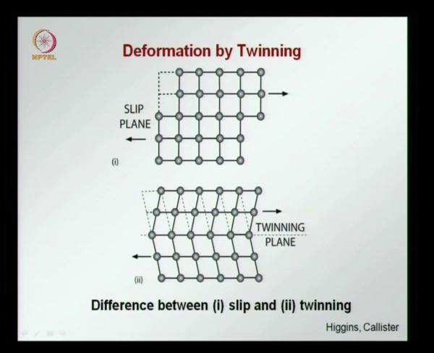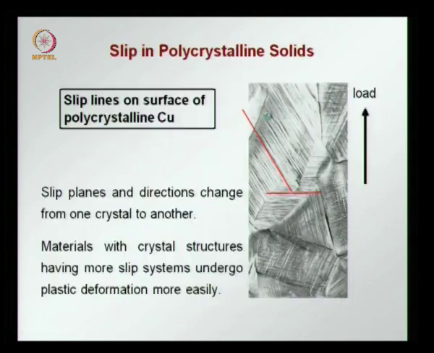Twinning on the other hand requires a lot of deformation to occur, like you see in the bottom diagram. So this is twinning. You find that a lot of the spacing has to change for twinning to occur. Here you just have one atom shifting each time at each step to have the slip occurring.